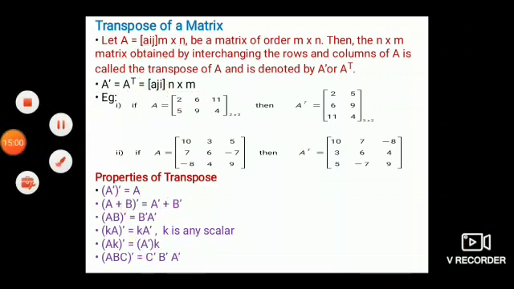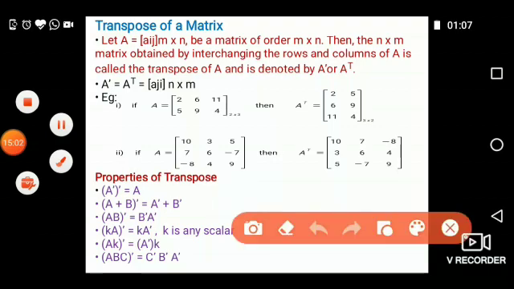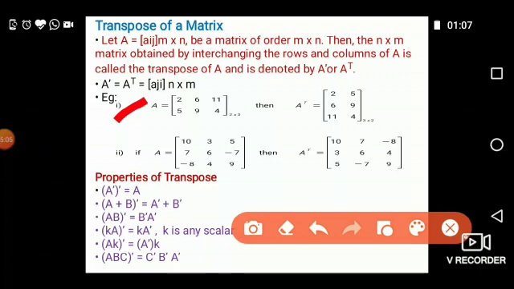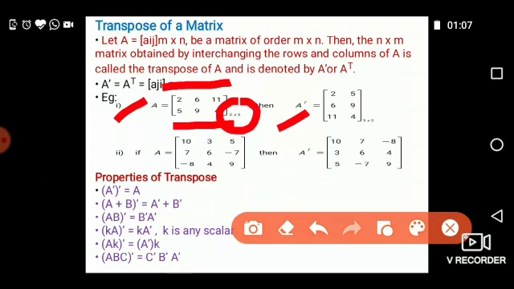For example, matrix A is equal to: the first row elements are 2, 6, 11, and the second row elements are 5, 9, 4. This is a matrix of order 2 cross 3. Then the transpose of this matrix is denoted by A to the power T. In this case, we have 2 rows and 3 columns.